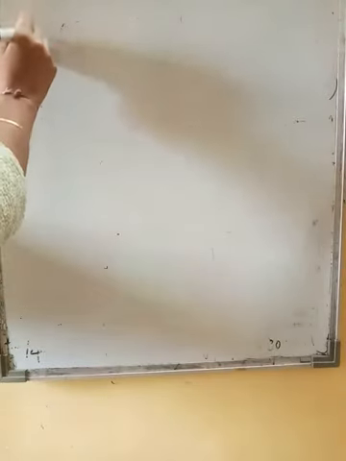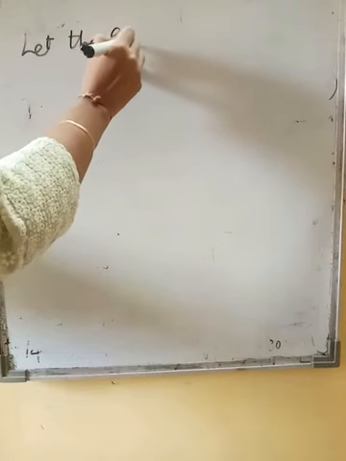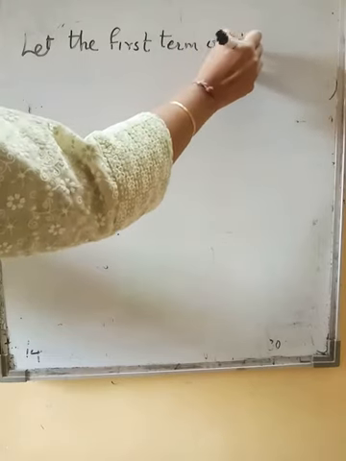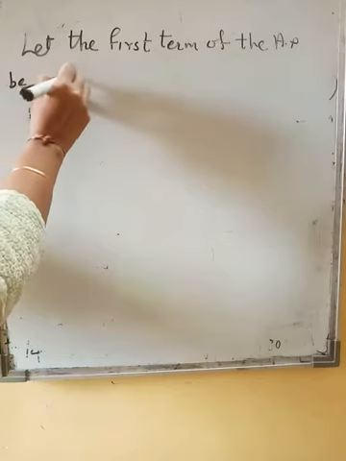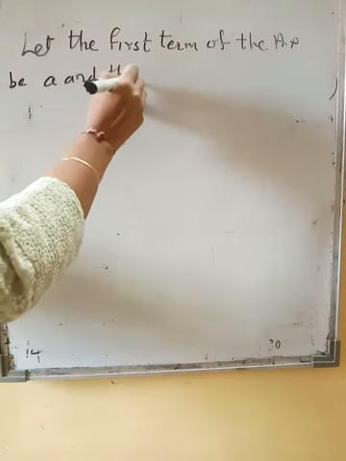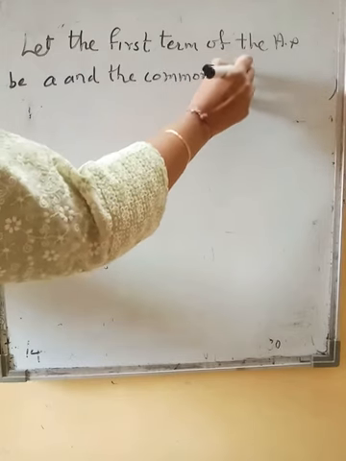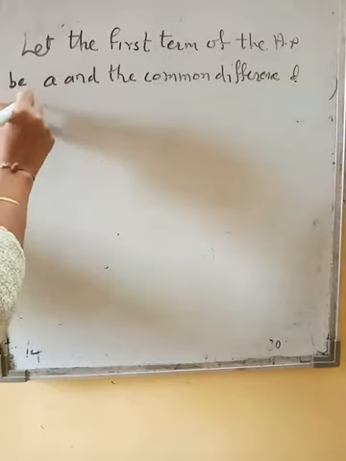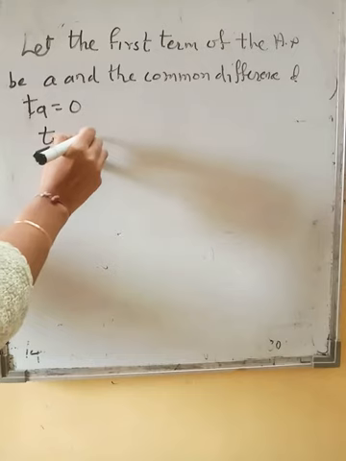So let us write down. Let the first term of the AP be A and the common difference be D. So what is given? T9 is given as 0. So let us put in the formula.